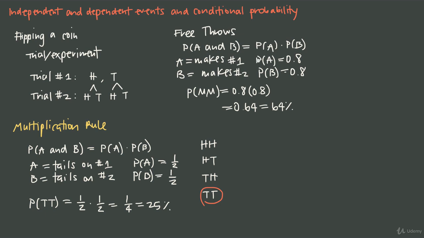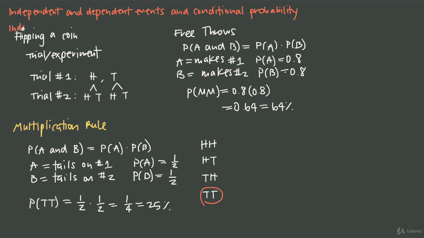It's the fact that free throw number 1 has no effect on free throw number 2 and vice versa, and the fact that coin flip number 1 has no effect on coin flip number 2 and vice versa. So those are independent events, and that's how you apply the multiplication rule to find the probability that multiple independent events occur. Now we want to contrast this with dependent events.